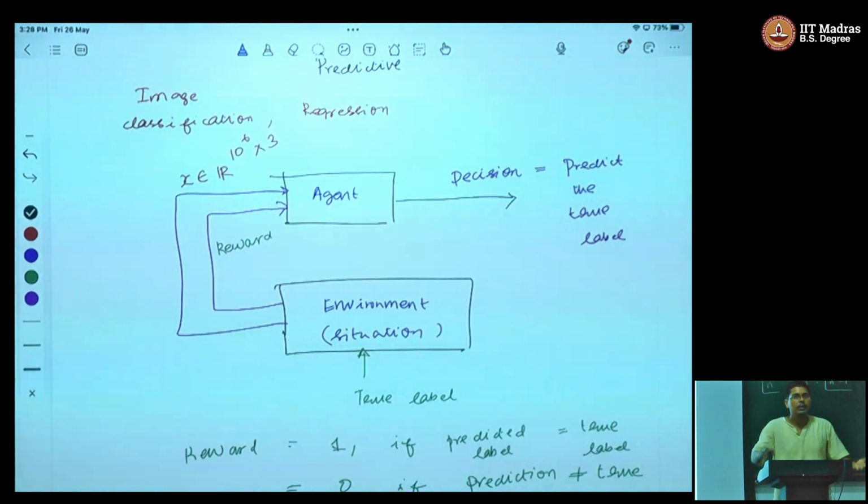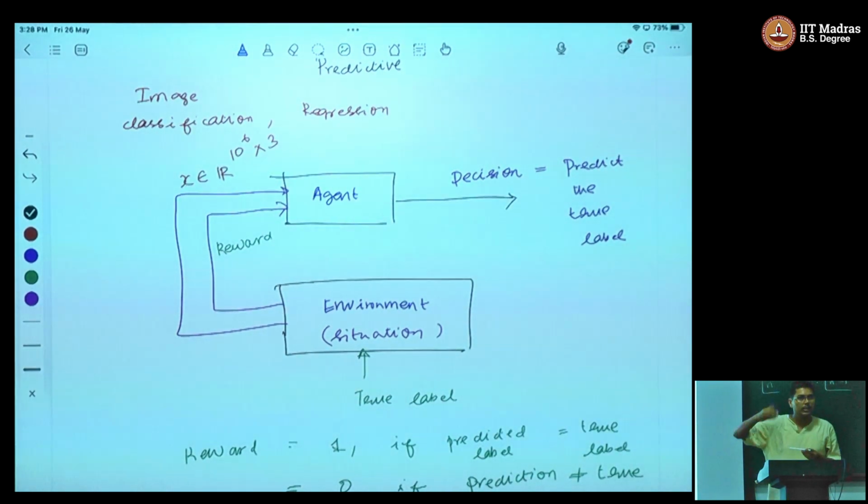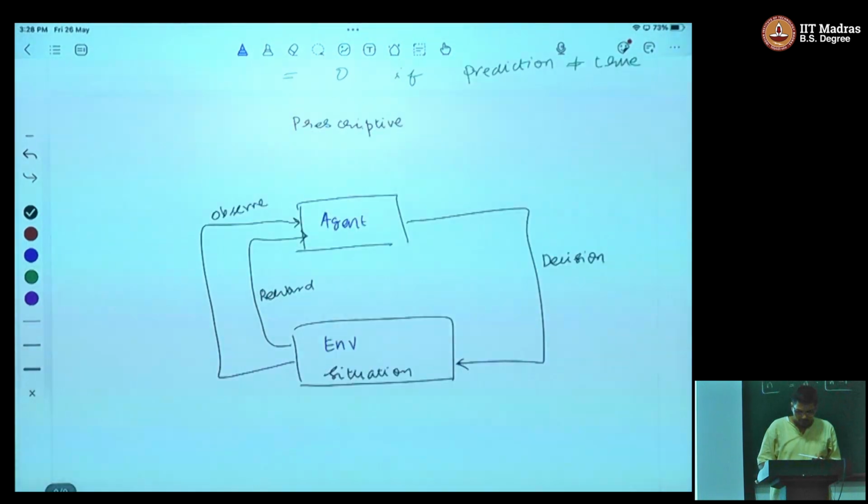I can predict that tomorrow it's going to rain, or tomorrow it's not going to rain. That's not going to change the way the environment behaves. My decision is to predict what the situation is going to be; I am predicting the situation, not influencing it. When I am prescribing, my prescription is to improve or change the situation, take control.